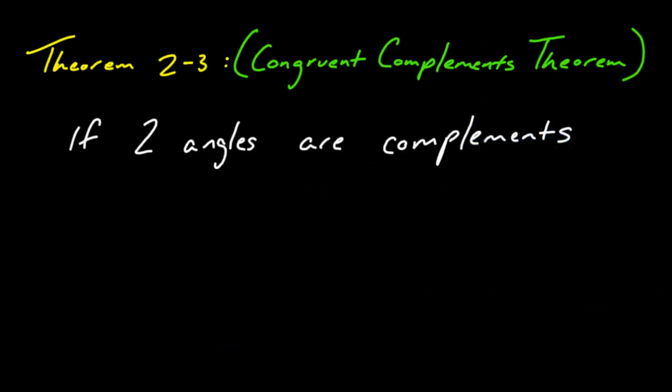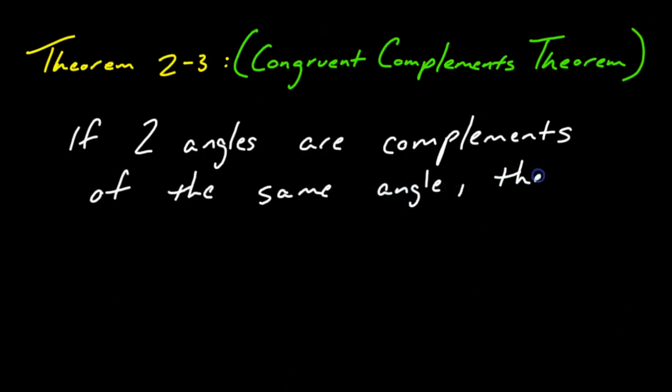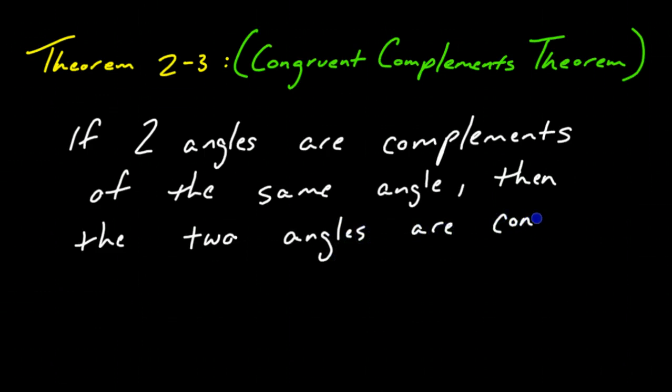If two angles are complements of the same angle, then those two angles are congruent. If two angles are complements of the same thing, then those two angles are congruent.